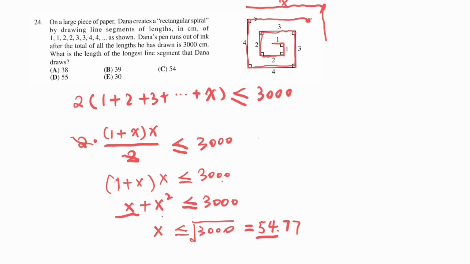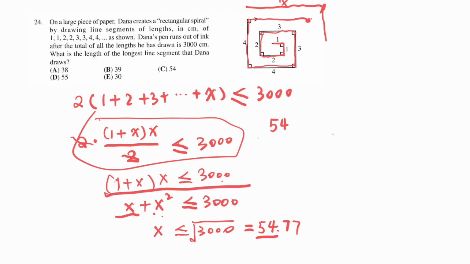We plug it into the original equation: 54 times 55 gives us 2,970. That means when they go to here, and then go another 30 meters, they run out of ink. So the answer will be 54.